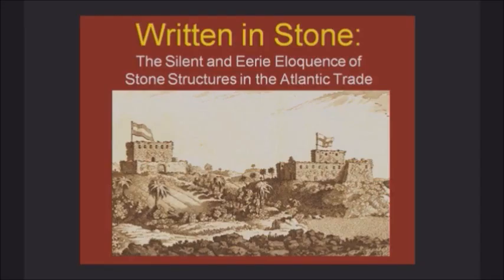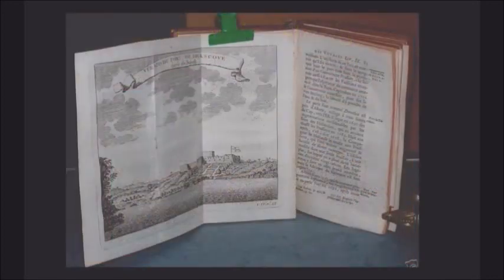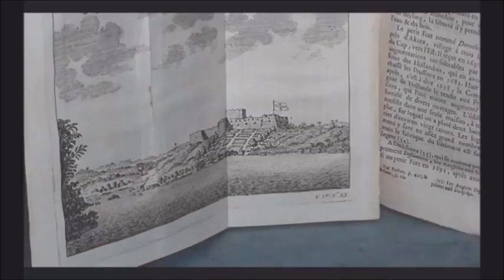Yet in Africa, there is a silent and eerie eloquence of stone structures that is a tribute and a testament to the Atlantic trade. It's written in stone and in books. The diagrams of these castles are available in the books.